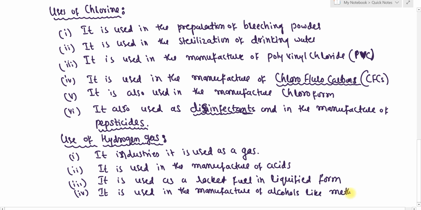So these are some important applications of hydrogen gas. Okay, so this completes the preparation of caustic soda, or all the things about caustic soda.